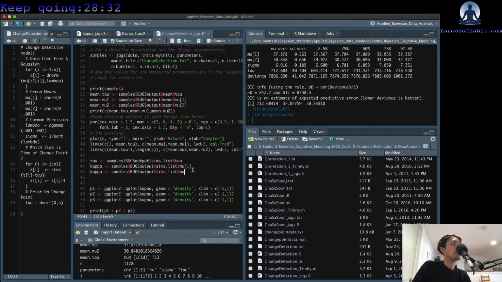And I need the output for mu2. And then I'm just gonna make graphs.